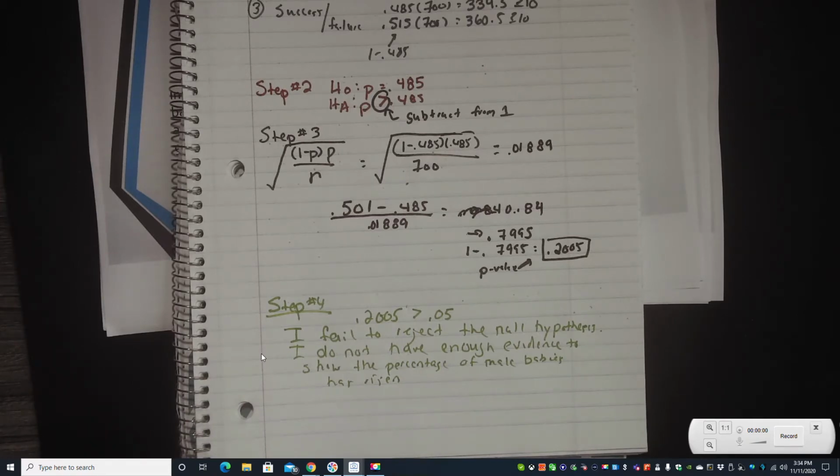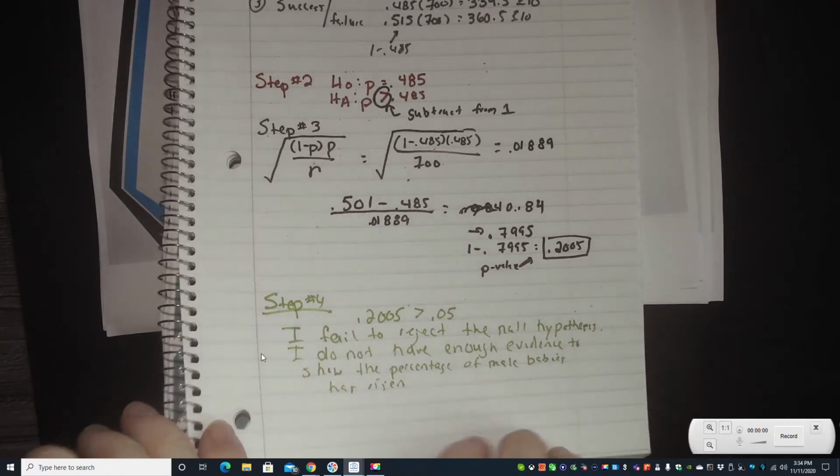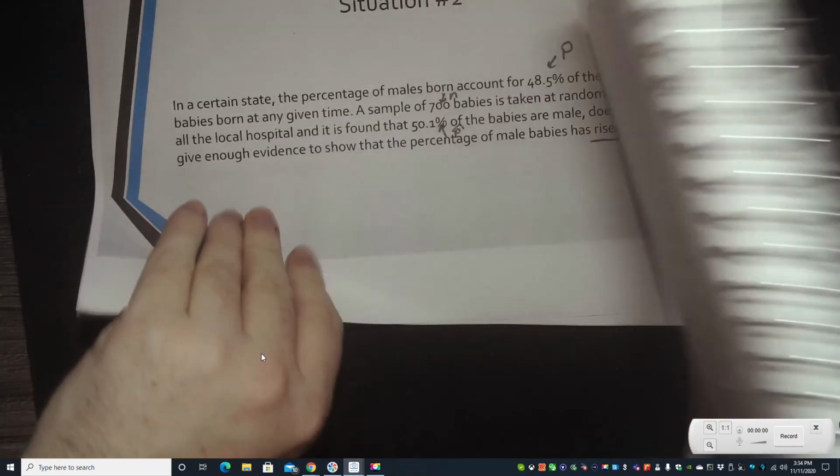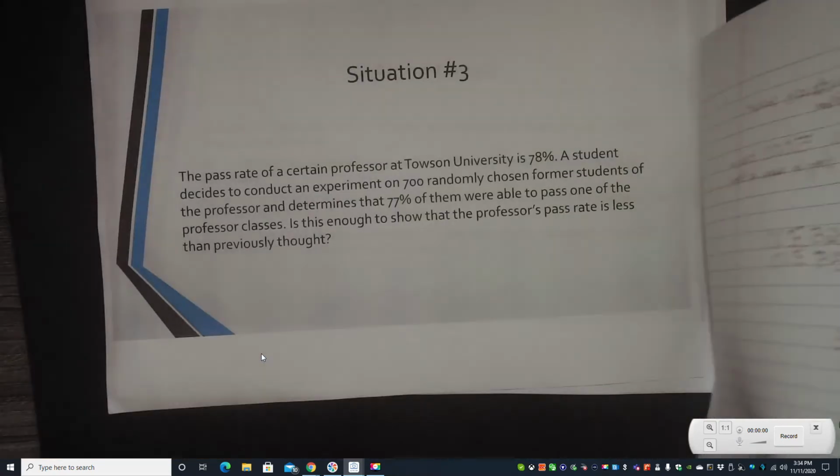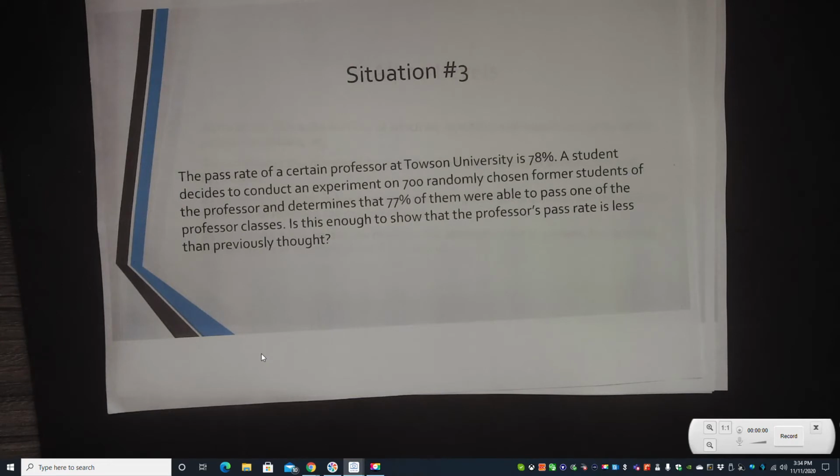All right, we got one more situation here. Situation number 3. The pass rate of a certain professor at Towson University is 78%.